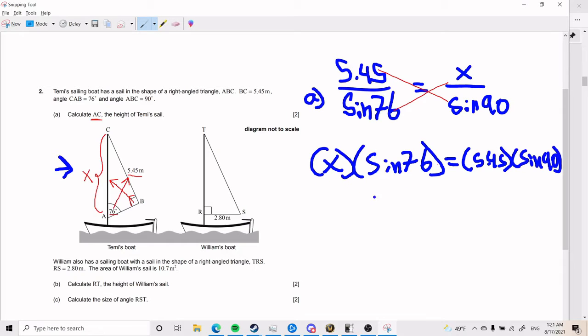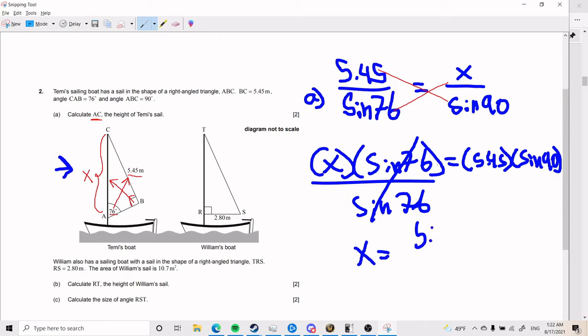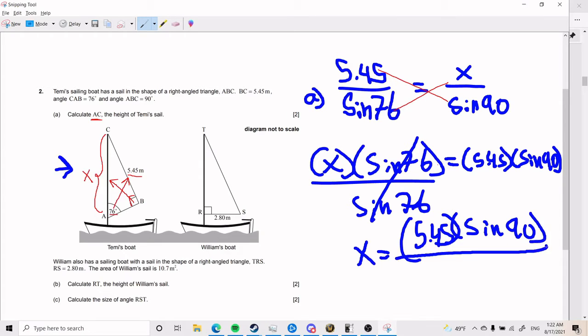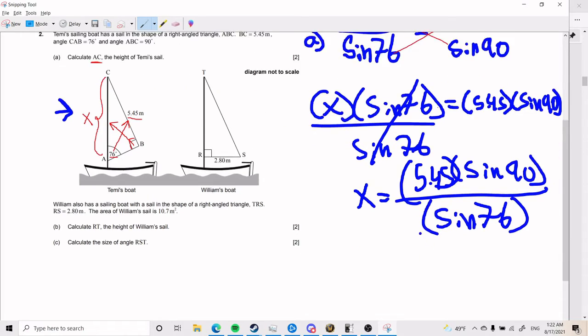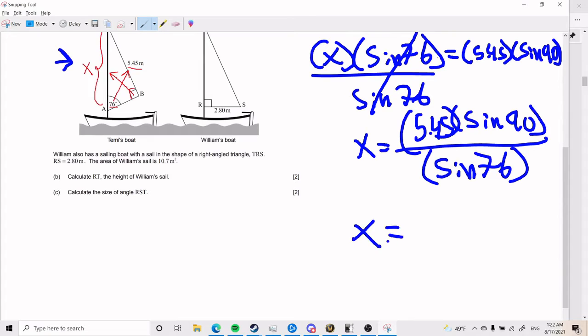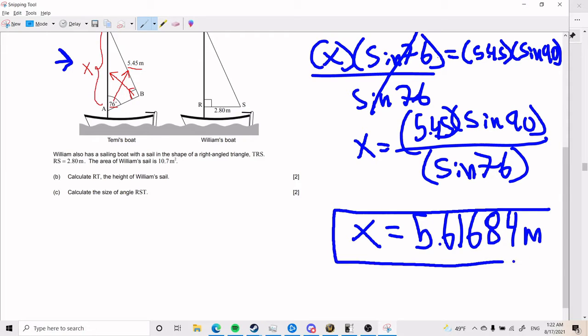And so to get x alone, we're going to divide both sides by sine 76. And so of course we end up with x being equal to this whole thing here, 5.45 times sine 90 divided by sine 76. And so we plug all of this into our calculator, and we end up with 5.61684 meters. And so that is for part A.